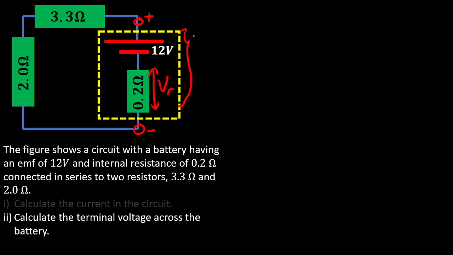So that means the battery is able to output 12 volts, but this is equal to the terminal voltage plus the voltage drop, which is VR.